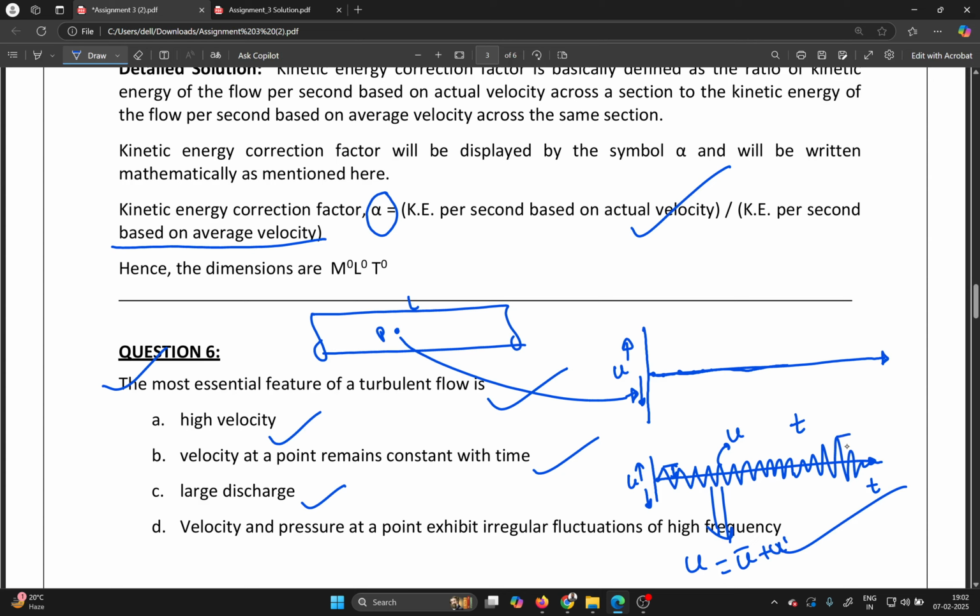So this is the fluctuation part, u dash. But in case of laminar, your u is equal to u. There is no fluctuation part, your fluctuation part will be 0. But in case of turbulent, your fluctuation will be there. So remember, the meaning of this line, option D, is this. Now we'll move on to the next question.